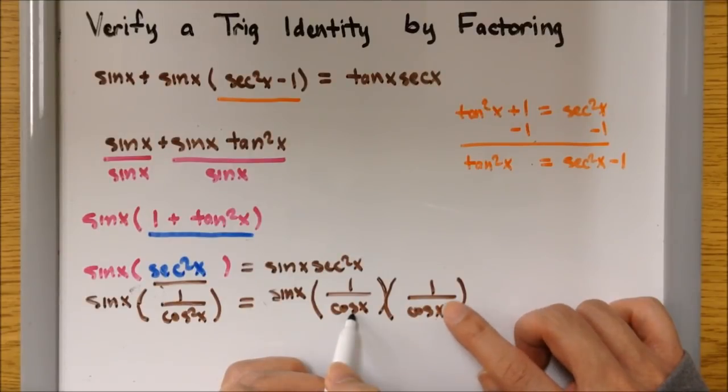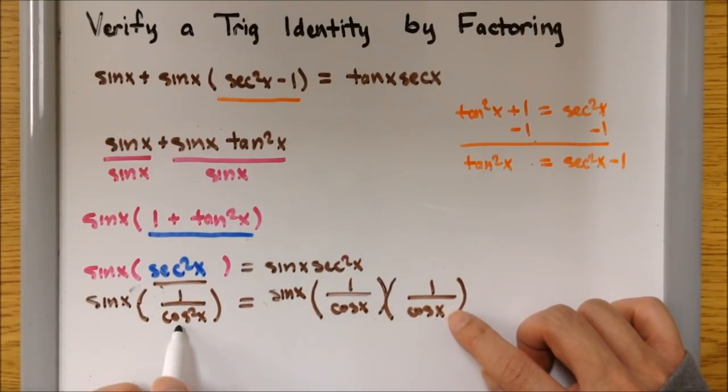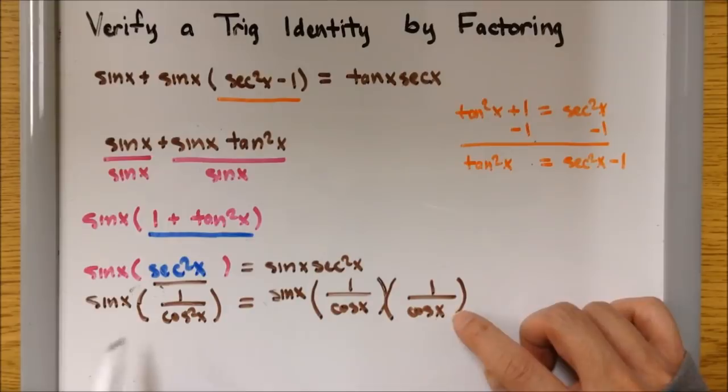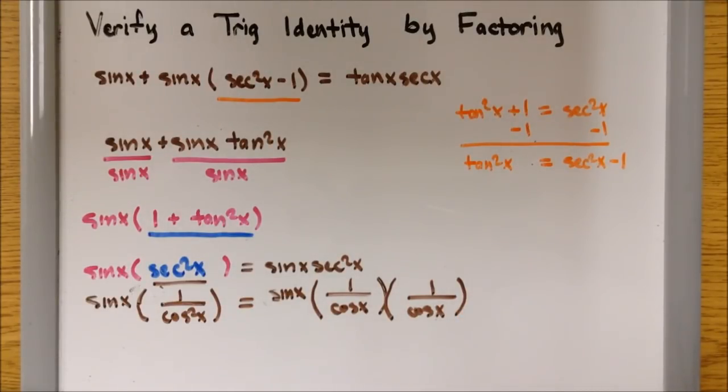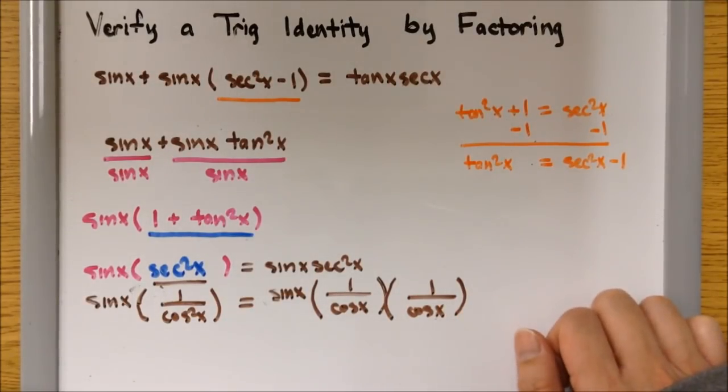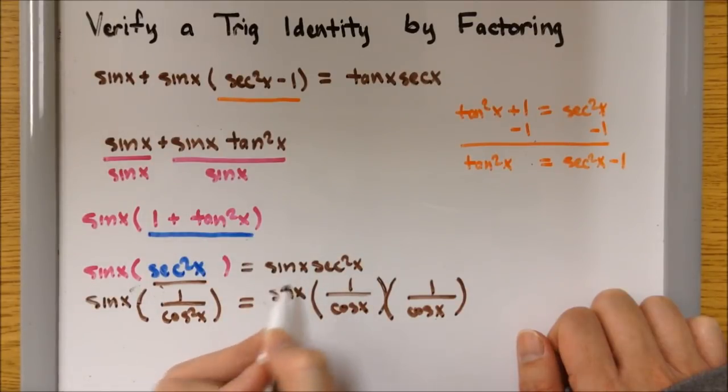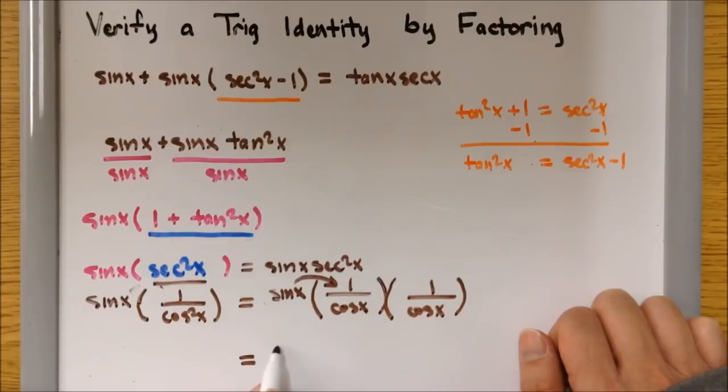Cosine of x times cosine of x becomes cosine square of x, so it's okay to expand. Now the reason I did that is so that I'm just simply going to multiply this sine of x to the first fraction. So it will be sine of x over cosine of x times 1 over cosine of x.